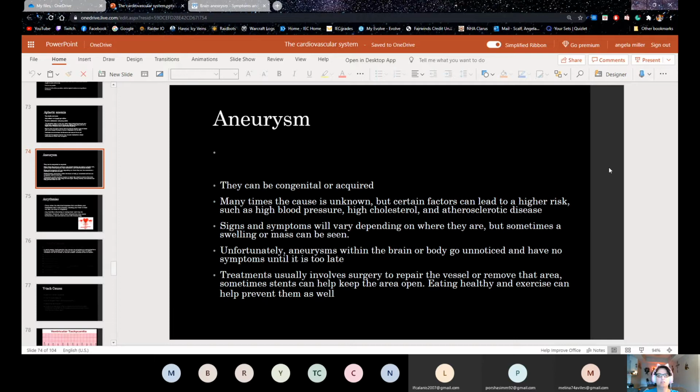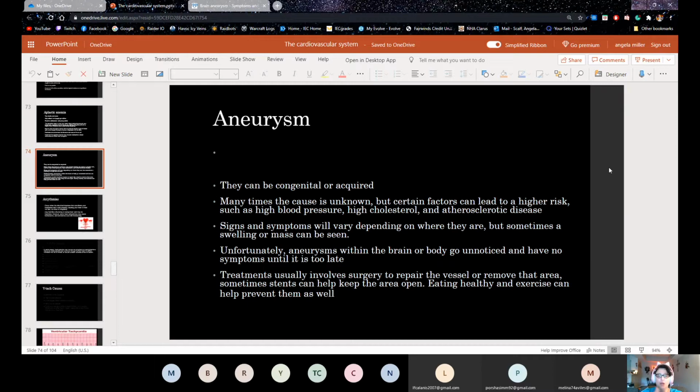Another thing is high blood pressure. If you imagine somebody whose blood pressure is always a little higher, that person has additional stress on the vessels, and it could cause a weakening.